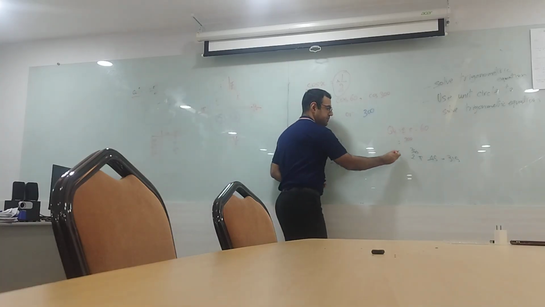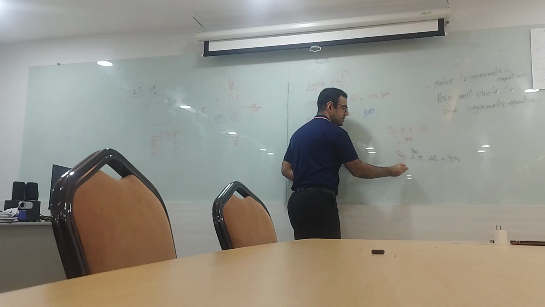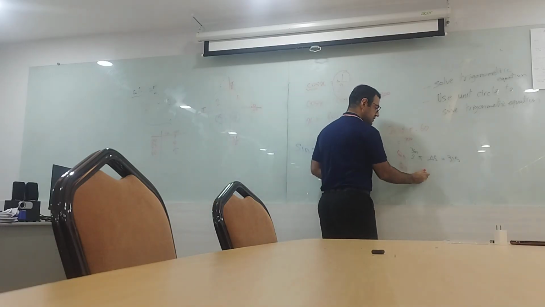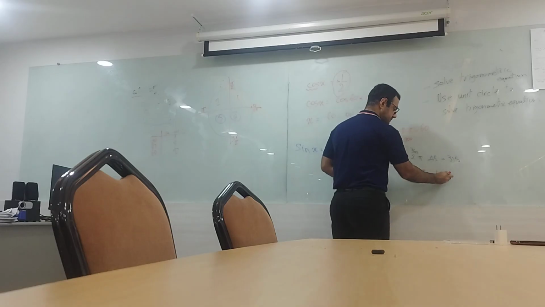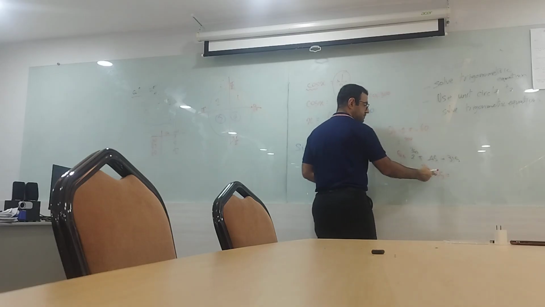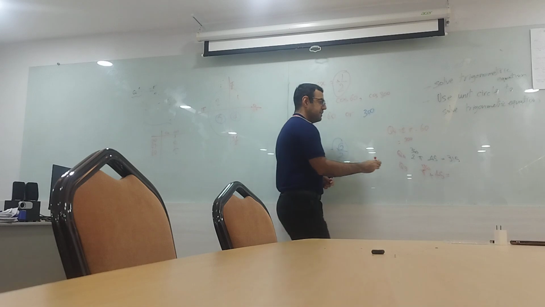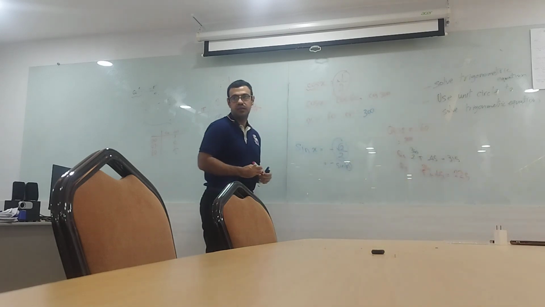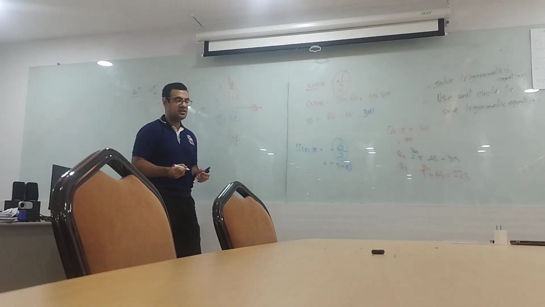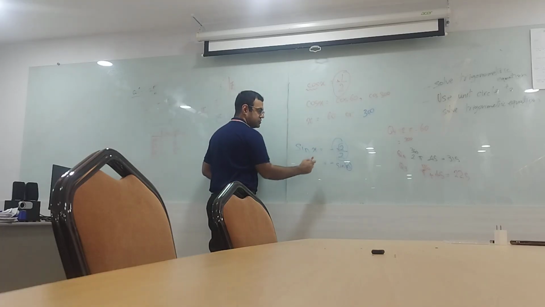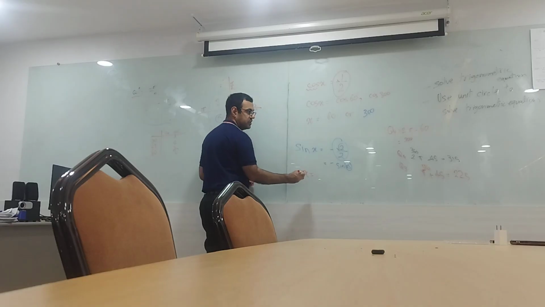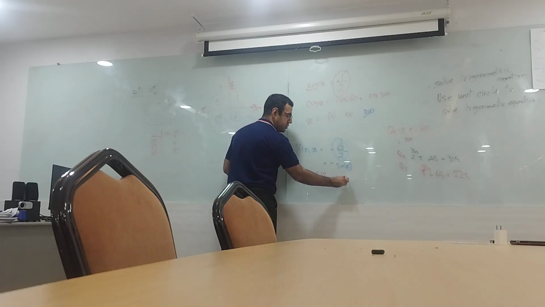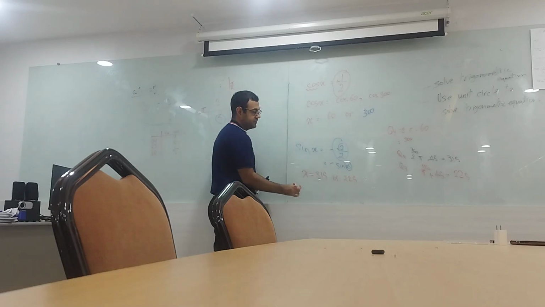Pi plus 45. So 180 plus 45 is going to be 225. So the answer for negative root 2 over 2: x equals 315 or 225 degrees.